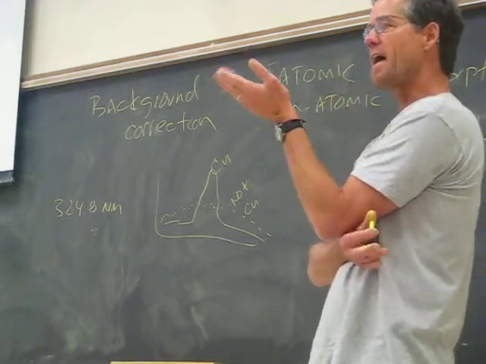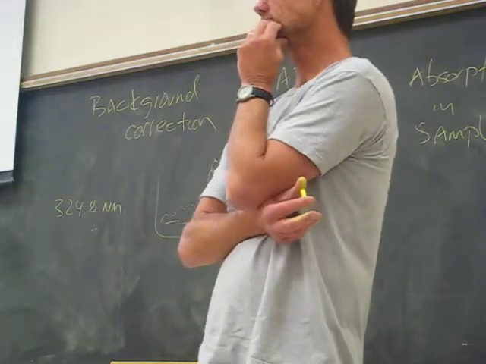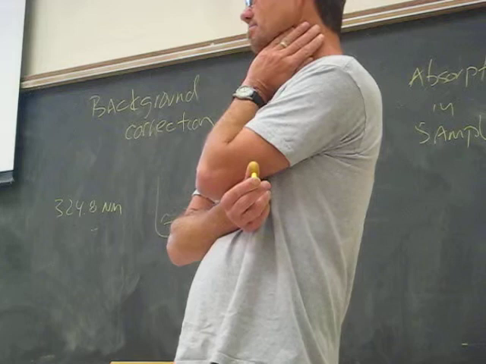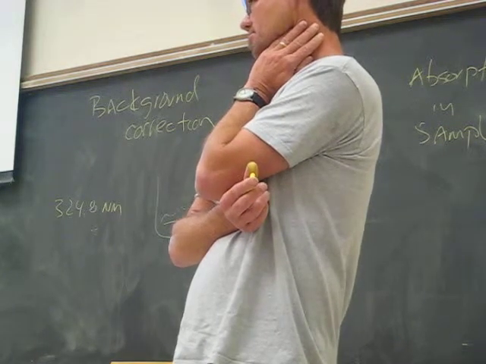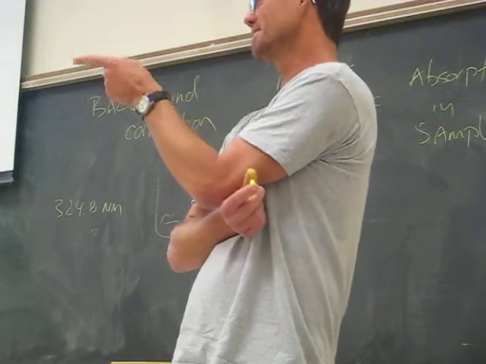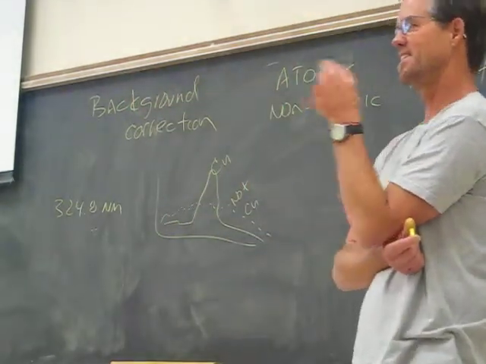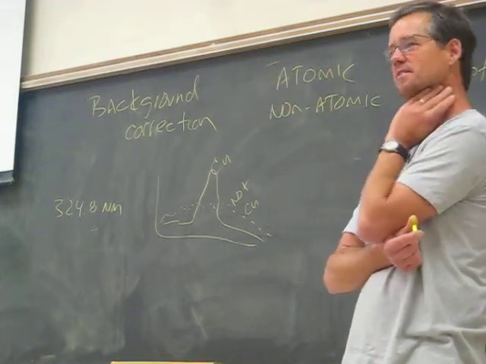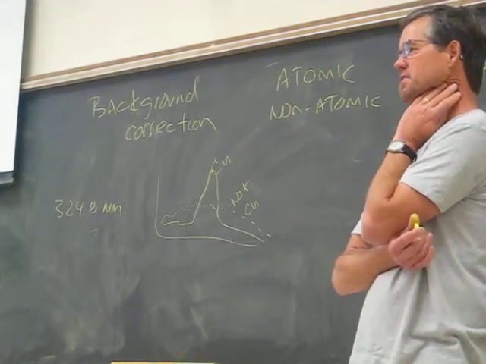How do you get around that? You have a rotor, the signal that alternates between the hollow cathode lamp and the deuterium arc lamp, if you have it, but you don't. So how do you get around that? You do the method of standard additions.